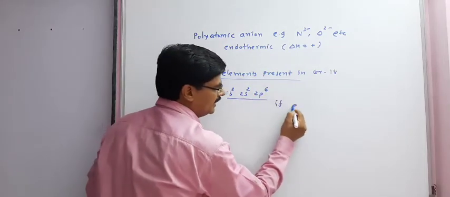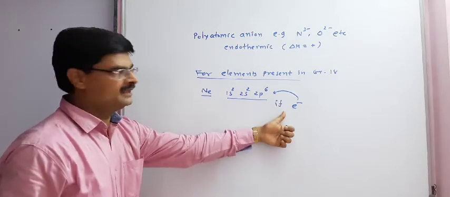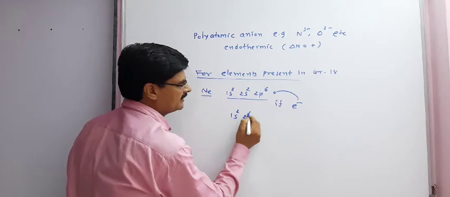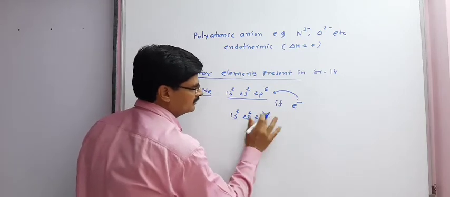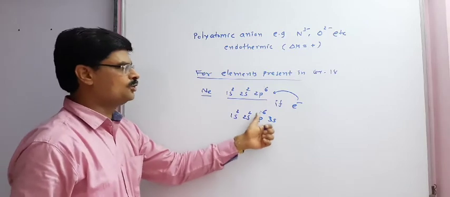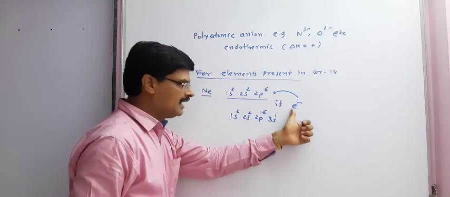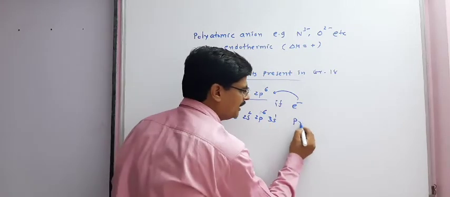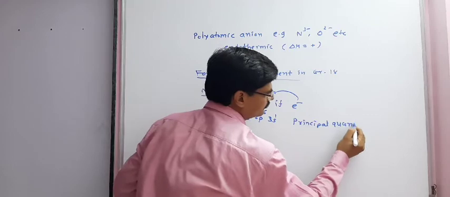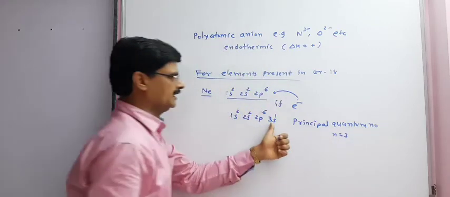If an electron is to be added, it will go into the next higher principal quantum number, that is 3s, so 1s2, 2s2, 2p6, 3s1. The electron has to move to principal quantum number n equal to 3.